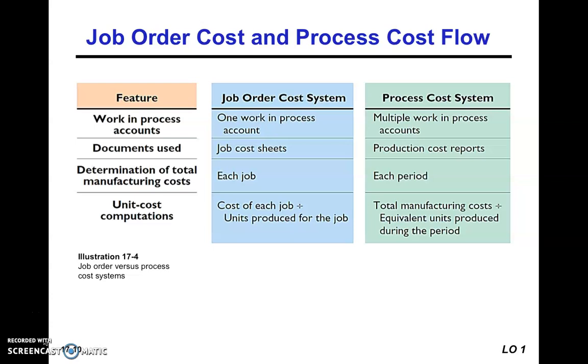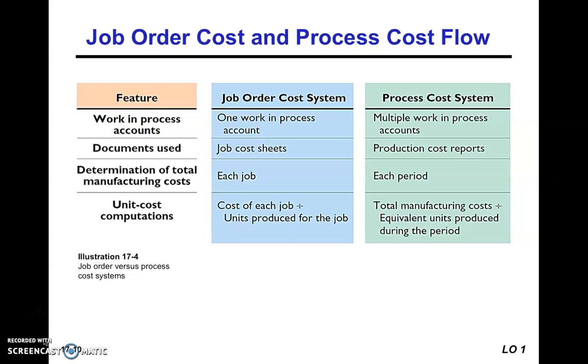To arrive at the unit cost, we looked at the total cost of the job and divided by the units we produced, and that was the cost per unit.